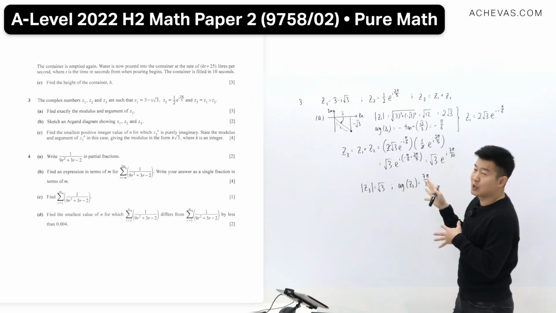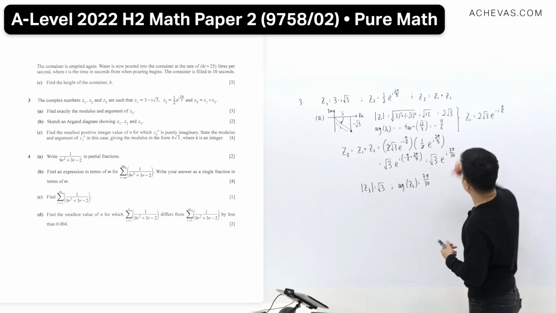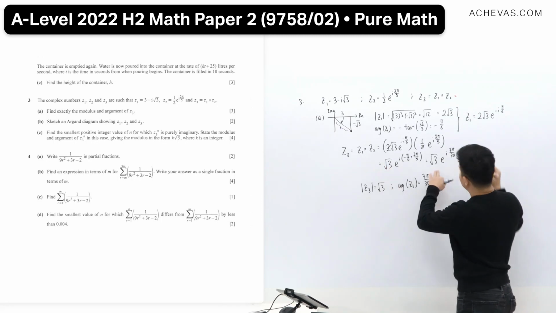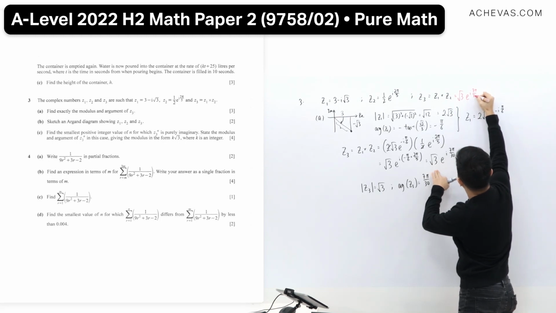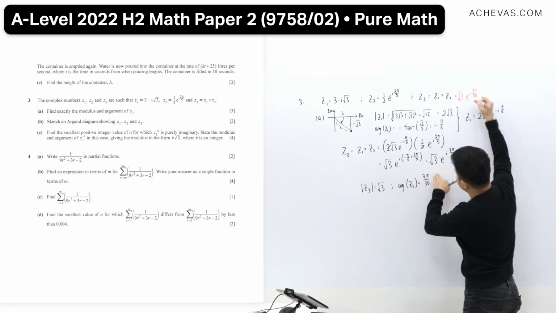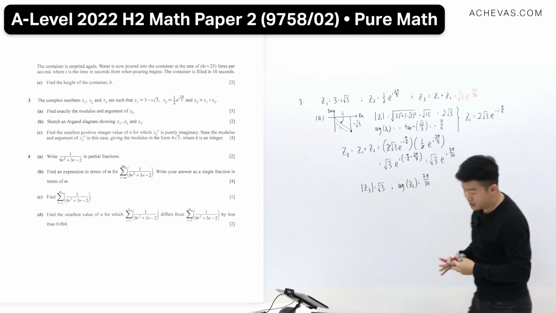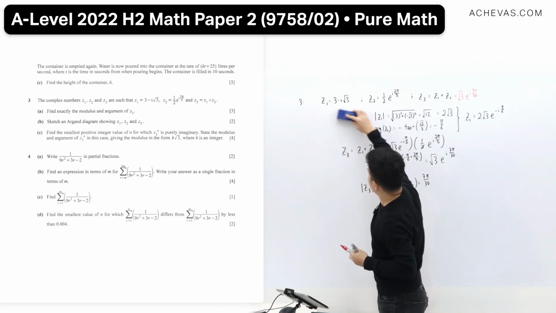Let me just write down this information for us here, okay? Because we are going to be reusing it. I think it is going to be definitely useful. So let me write it down. Z3 is square root of 3 e to the power of i 7 pi over 30. And as for Z1, we have also converted it into the Euler form.